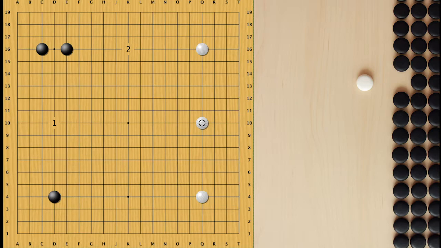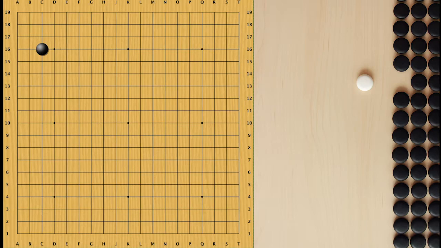Furthermore, the top side is one line more narrow than the left side, although the top side does limit white's formation. So in either case, the top or the left is good, but the left is considered the primary direction of the enclosure in the upper left.